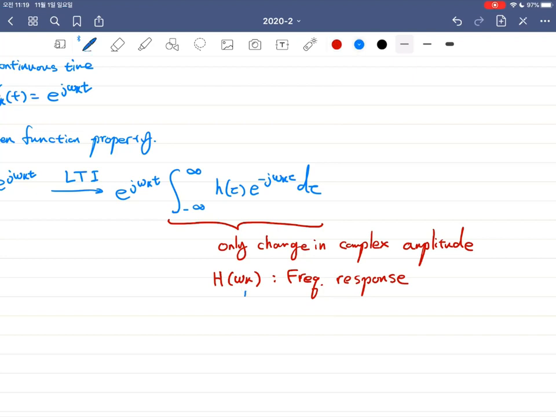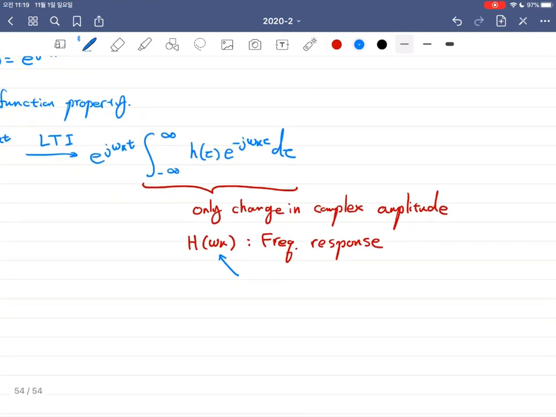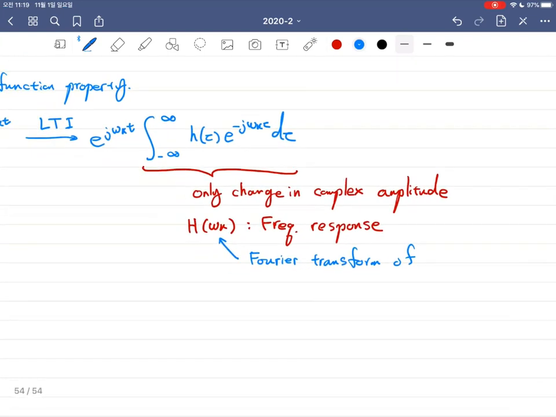And of course we can define this H of omega k by saying that it is a Fourier transform of the system's impulse response, right? We all know what impulse response is. An impulse response was represented by the small h of t, remember? So large H refers to this Fourier transform of small h.